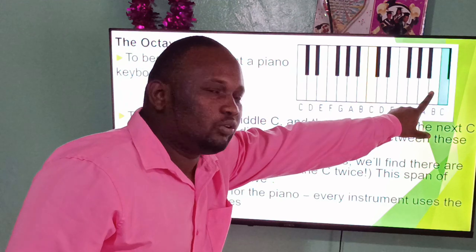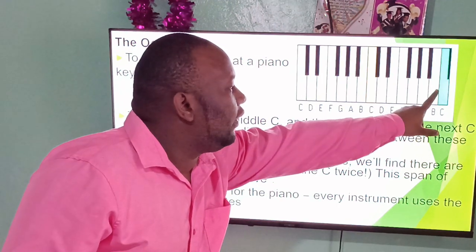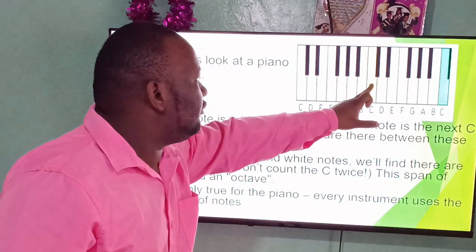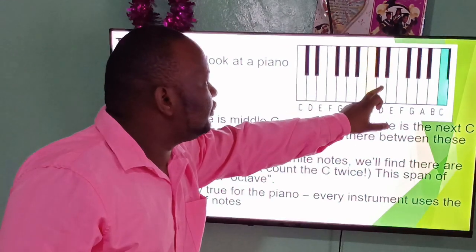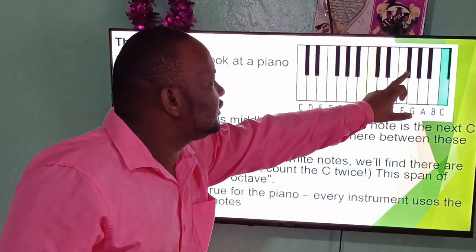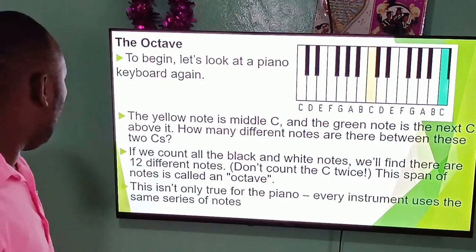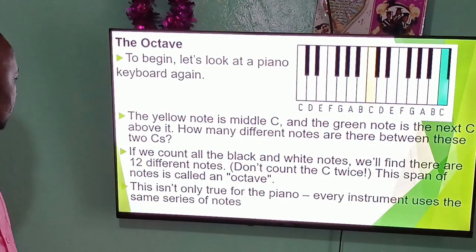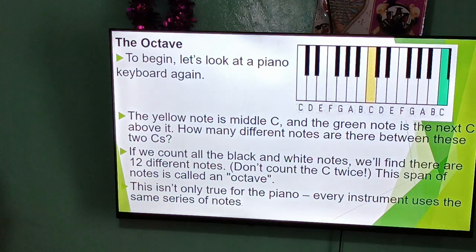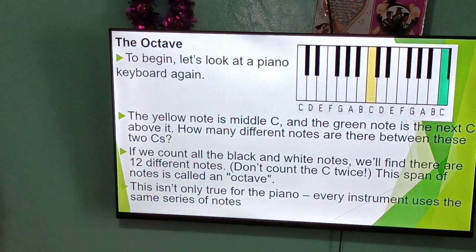So we don't have to count C again. If we count all the black and white notes, we will find there are 12 different notes. Don't count C twice as we have done.